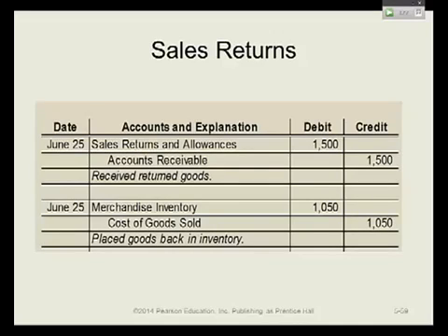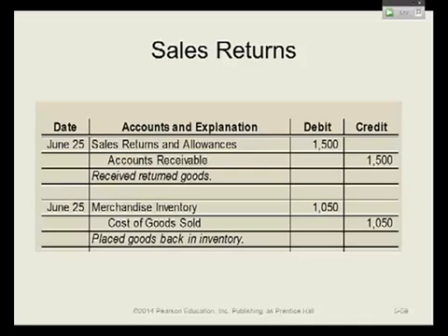I'm not going to worry about the merchandise inventory, but cost of goods sold is now reduced to $24.50. So when you have a sale return, inventory has to be restocked.